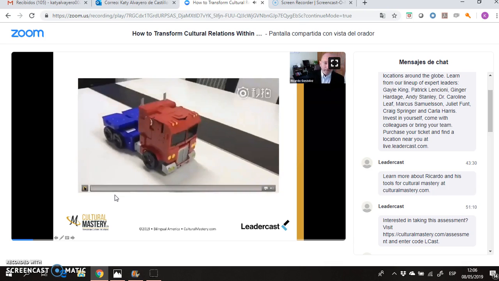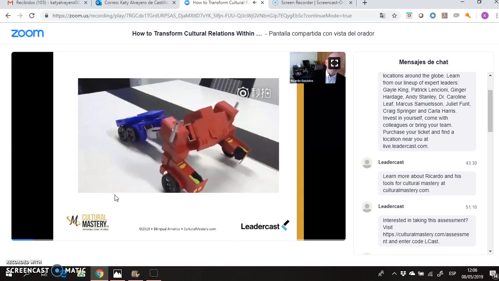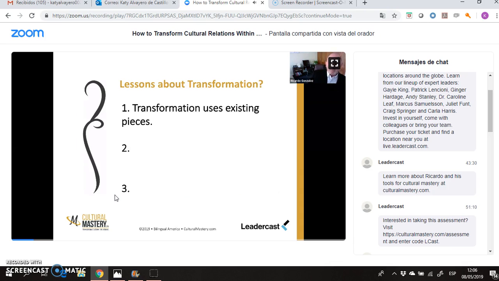So we have some lessons that are true about transformation, and here's the first one: transformation uses existing pieces, right? It doesn't just throw away everything and start over.